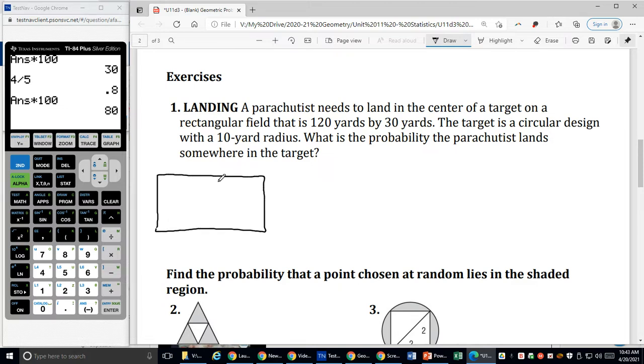And in the center, he wants to land in the center of a target on a rectangular field. So somewhere in here, there is a target. The target is a circular design. So we want to land in here. The field is 120 yards by 30 yards. And my target has a 10-yard radius.